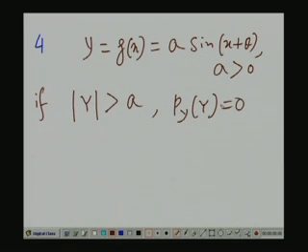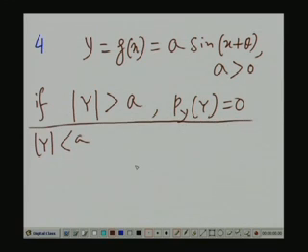On the other hand, we will be considering mod y less than a. In this case, if you put capital Y here, since this is periodic, you will have infinitely many solutions like this.